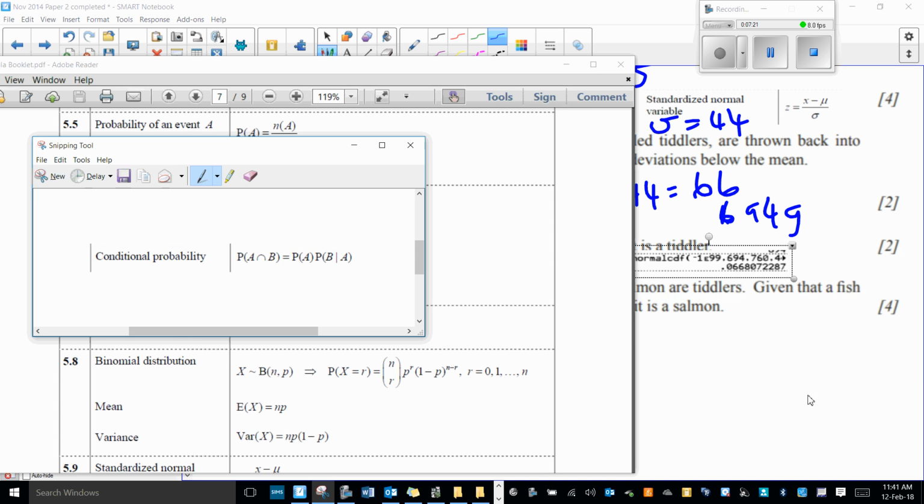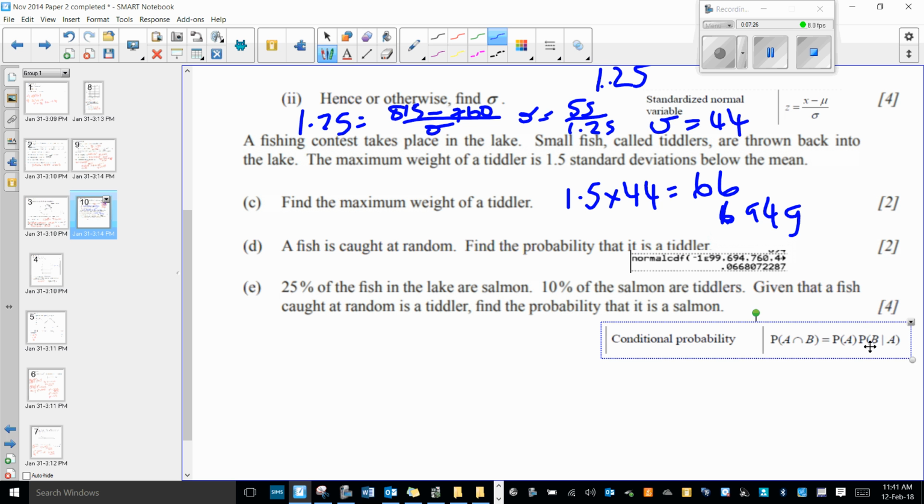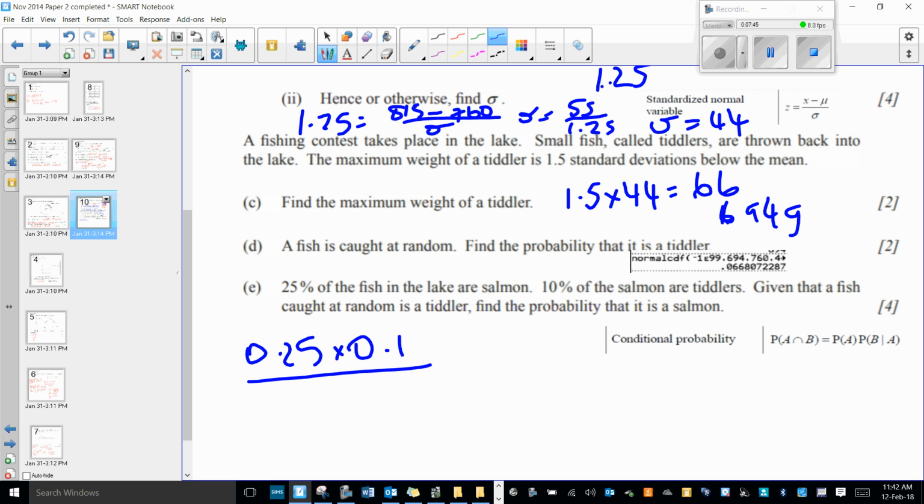So remember rearranging this, we want the probability of it's a salmon and a tiddler over the probability that it is a tiddler. So the intersection would be 0.25 multiplied by 0.1, over the probability it's a tiddler, which is 0.06687 that we just worked out.